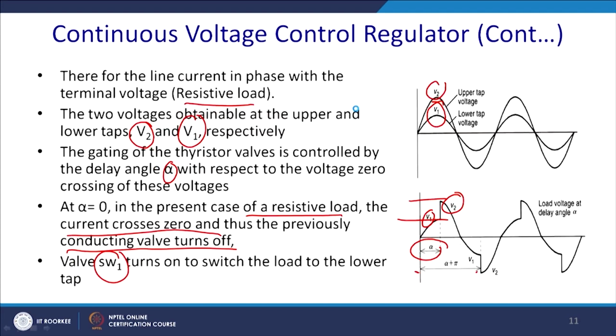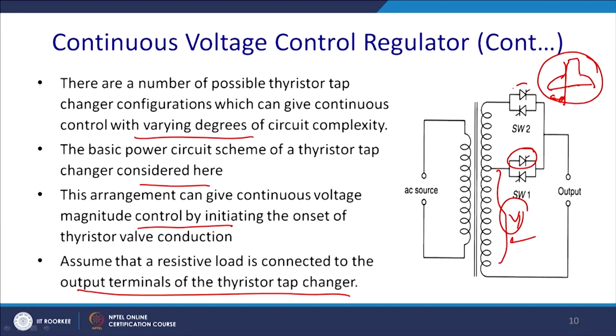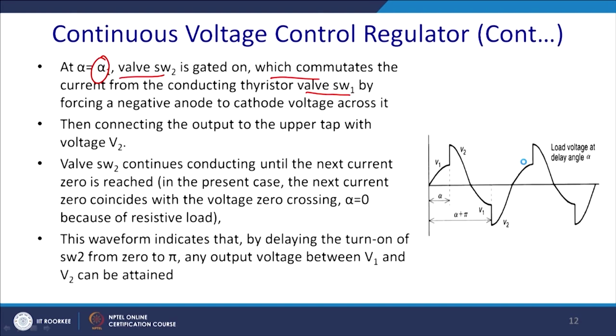Assume it is a positive half cycle; when this thyristor is triggered, the negative voltage is applied across the conducting thyristors and automatically they will be turned off. Then the output is connected to the upper tap with the valve, having a voltage of V2.